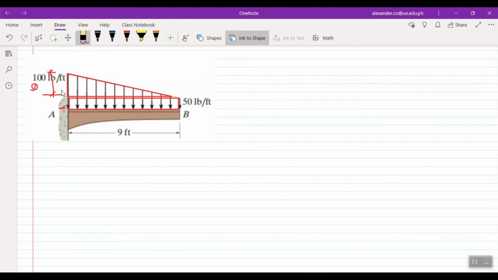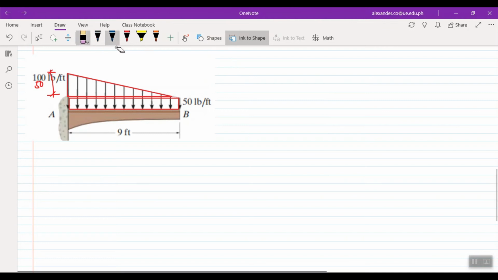Kaya ayaw ko tong method na to. Pero, so far, sa tagal ko nagtuturo, ito yung gusto ng estudyante eh. Pero dito kayo madalas nagkakamali. Ang height niyan is 50. Naintindihan, hindi 100. Kasi 100, it's the full height. Yung triangle lang kunin natin, ililess mo pa yung height ng rectangle. So, this is 50. Okay? So, pwede na natin kunin yung resultant.